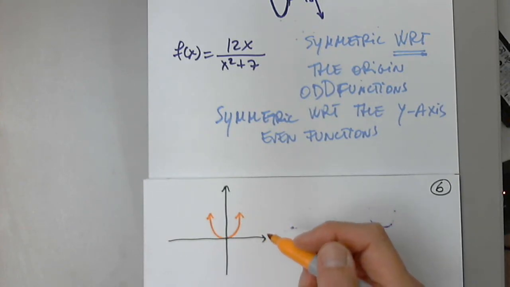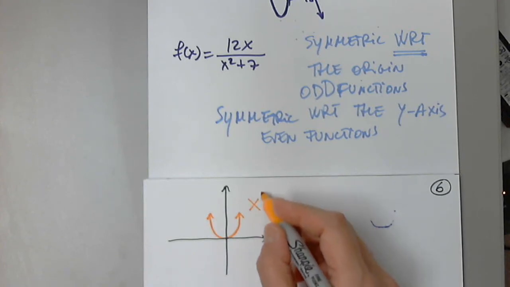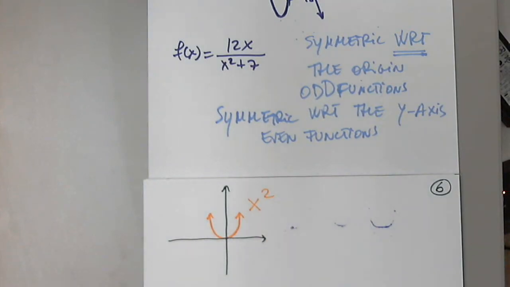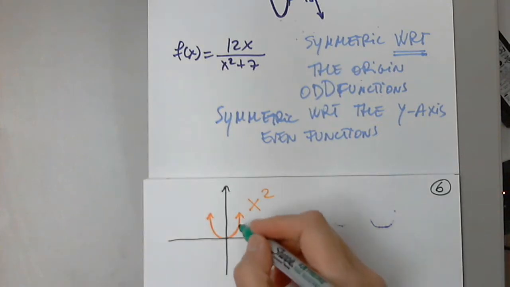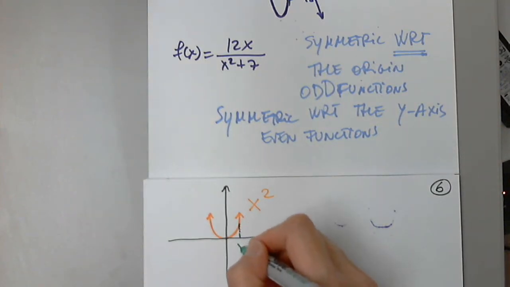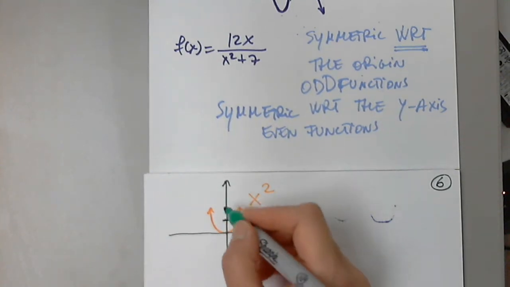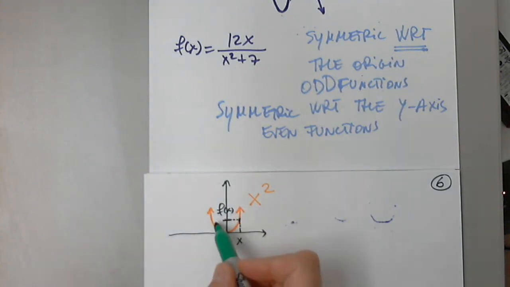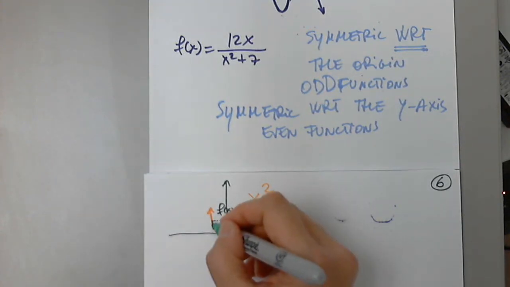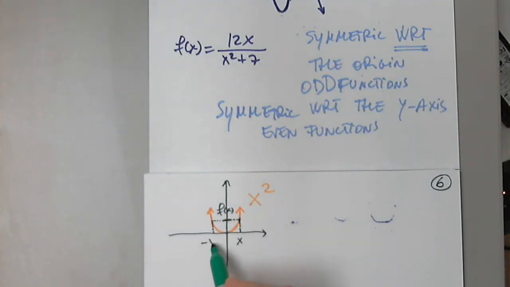Which function? Of course, indeed, it is x squared. And I will select a point, x. Can anyone give us the y-coordinate of this point? Of course. Okay, I can't trick you anymore. I got it. So this is exactly on the opposite side.